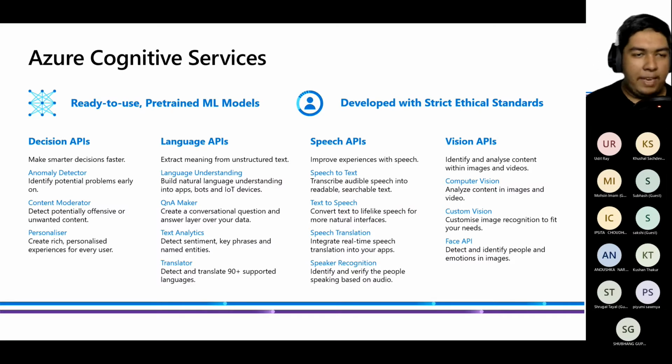You can use language APIs for text analysis and translation and stuff. So whenever you use some translation service, it has machine learning at its backend. It may be pre-trained, it may be training on the go, who knows. Then you also have speech APIs, which can do speech to text and text to speech, and also translate and recognize your speech. You also have vision.